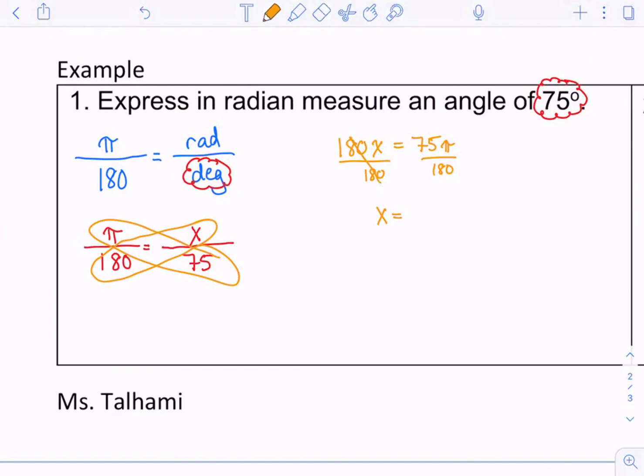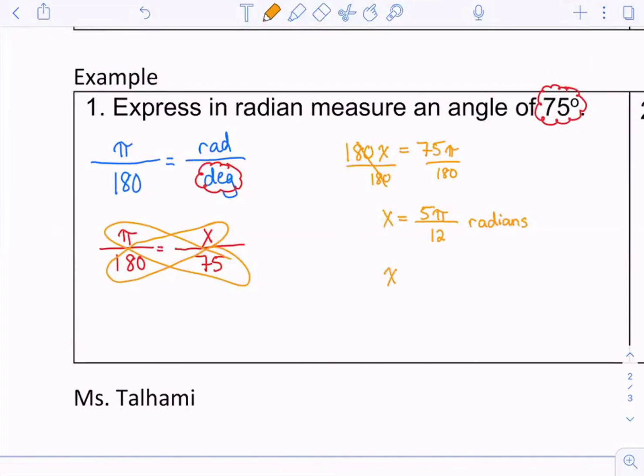So I'm going to put 75 over 180 without the pi just to see what I get. And I got 5 over 12. So this is really 5 pi over 12 radians. Now, if they asked me to the nearest tenth, how many radians is that? I would do 5 times pi divided by 12, and I'm going to get approximately 1.3 radians.